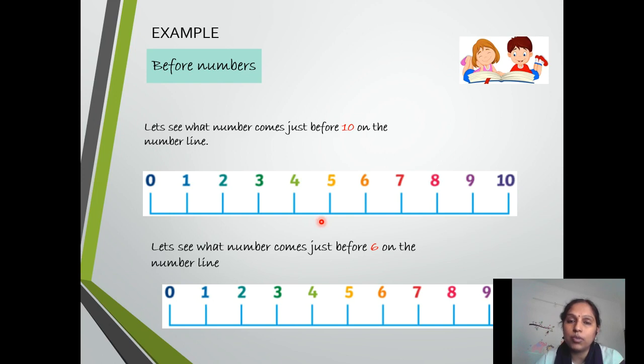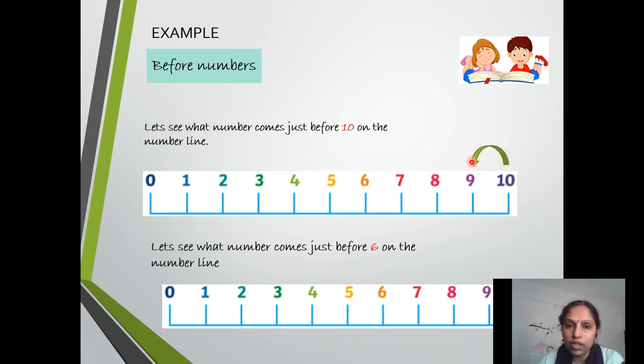Okay, so what is the method to find it? We want to find the before number of 10. When we want to find the before number, we should move one step backward in the number line. So starting from 10, we are going to go one step backward.